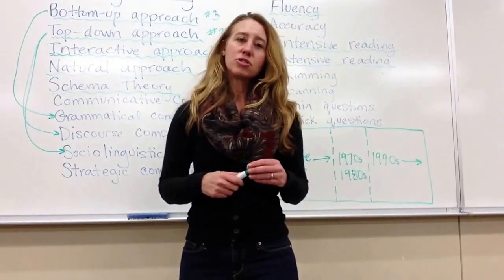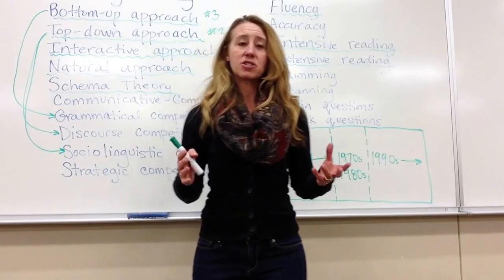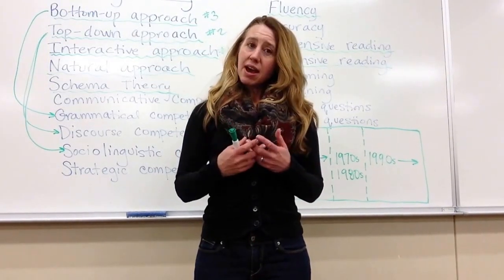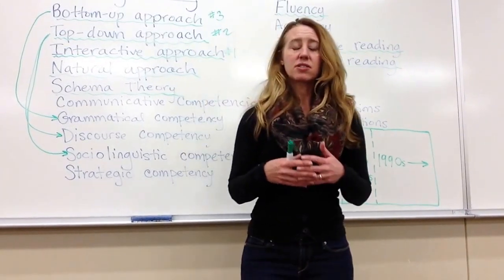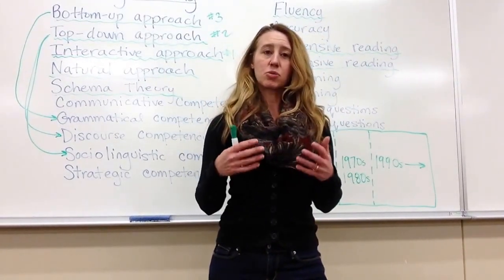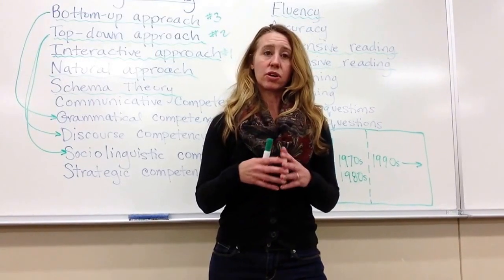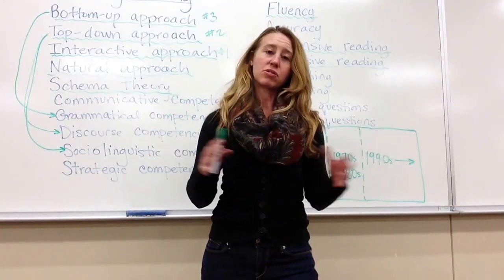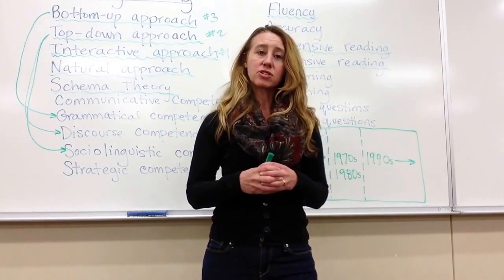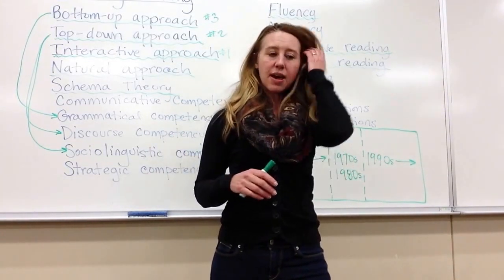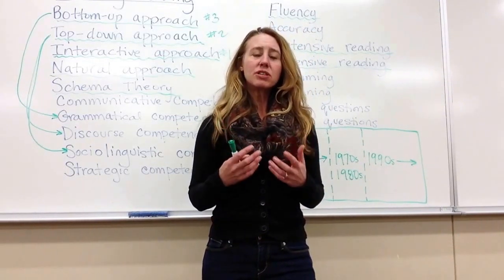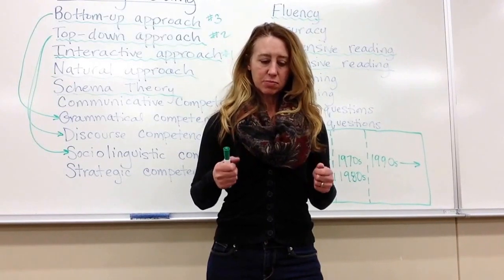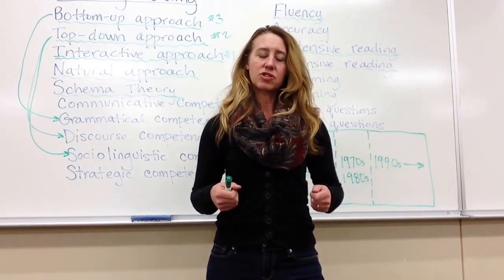Also, good readers use various strategies as they're tackling text. So this has a lot of implications for us. In our second language acquisition course, we looked at Rebecca Oxford's work. She did some really great taxonomy work looking at the different kinds of language learning strategies that are out there. And we really need to, at all times, be very cognizant before we put a text in front of our students.